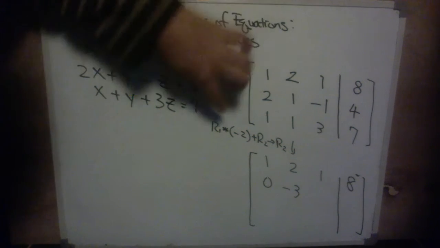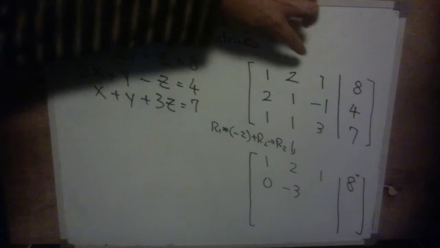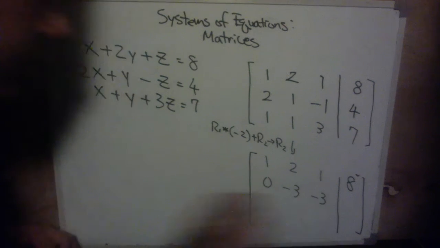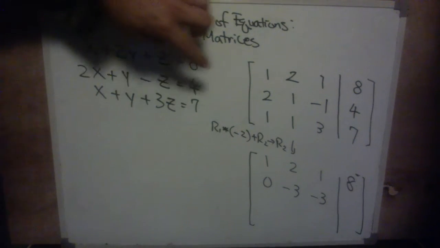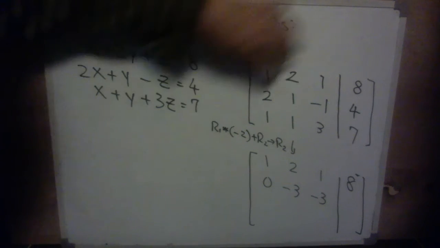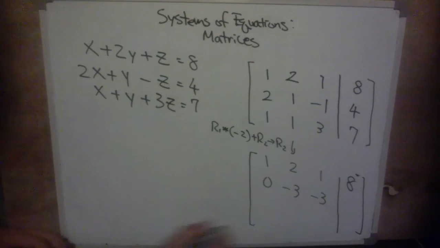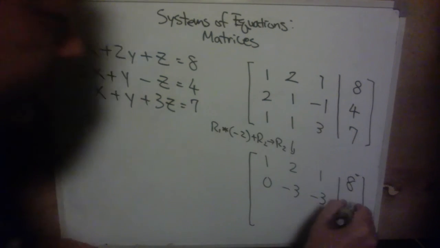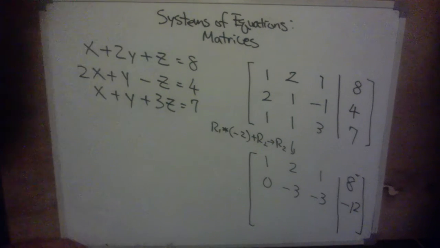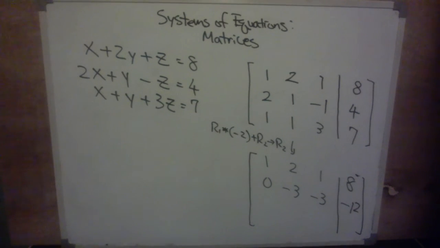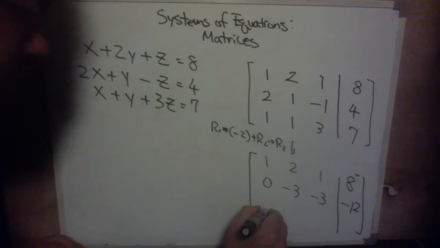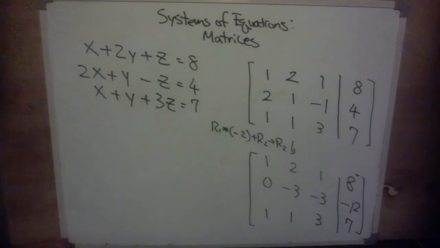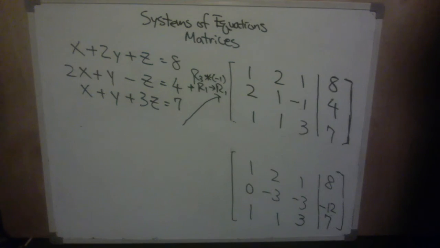Now, 1 times -2 is -2, -2 minus 1 is also -3. On the other side, -2 times 8 is -16, and -16 plus 4 is -12. And row 3 stays the same, so I'm just going to write 1, 1, 3, 7. So far so good.